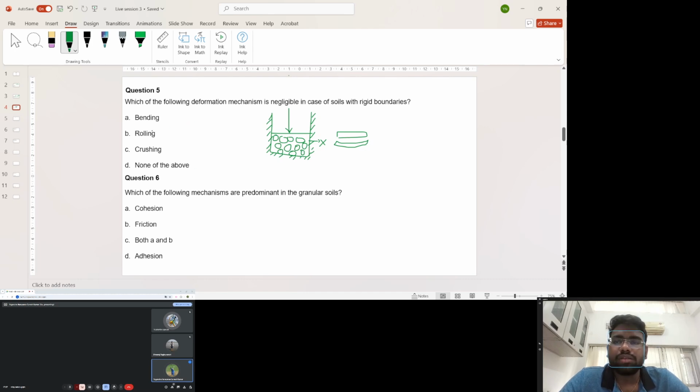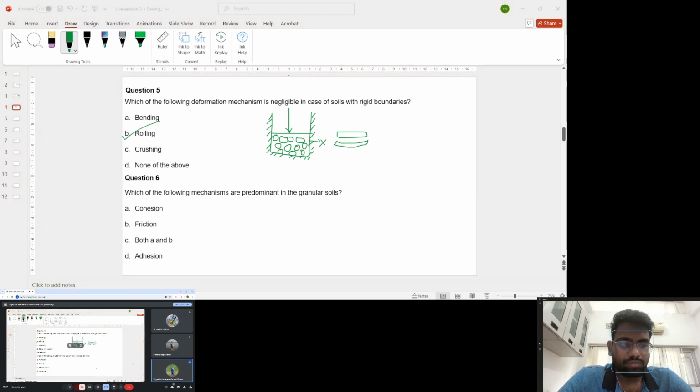So bending can be a phenomenon. Crushing can occur, but rolling is restricted completely. So the deformation which is negligible is rolling. Hope I'm clear, right?